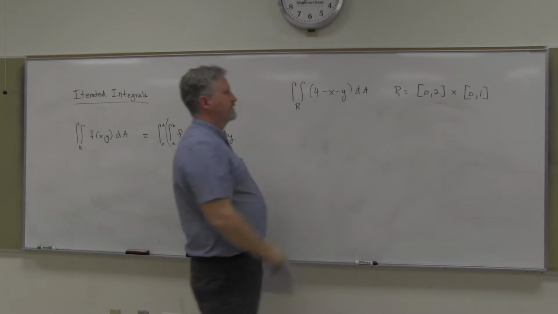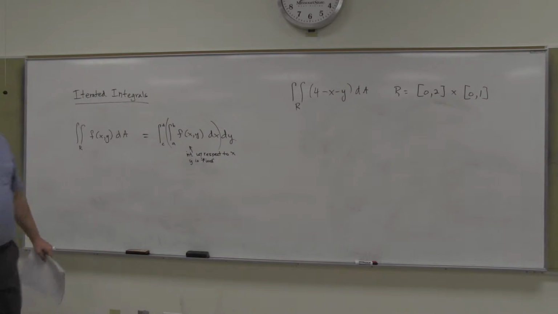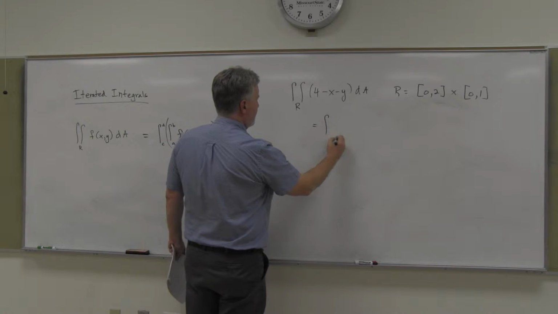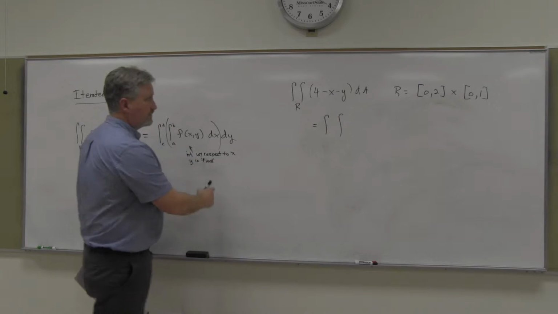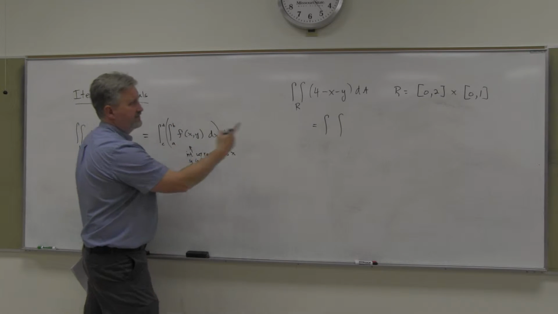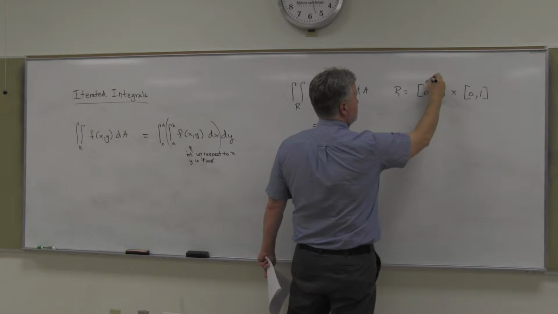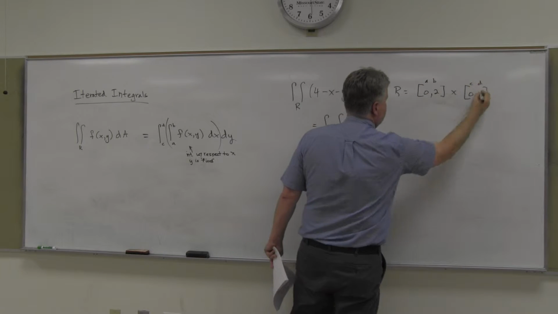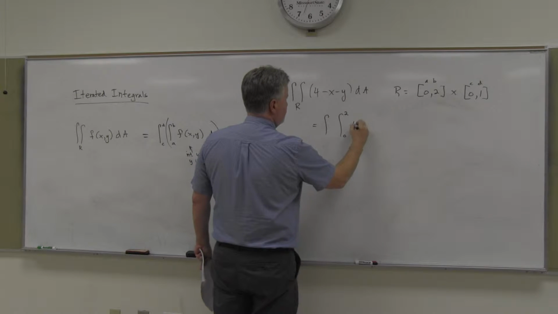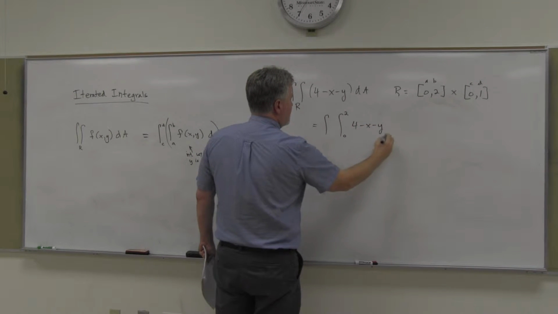Again, usually the x's are given first, then the y's. So the x's will run 0 to 2 of this 4 minus x minus y.